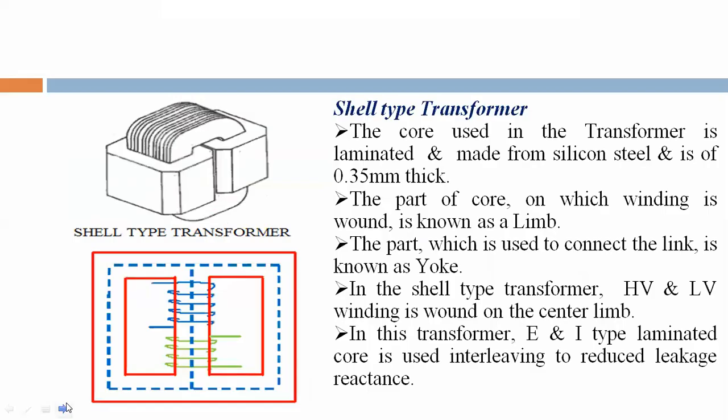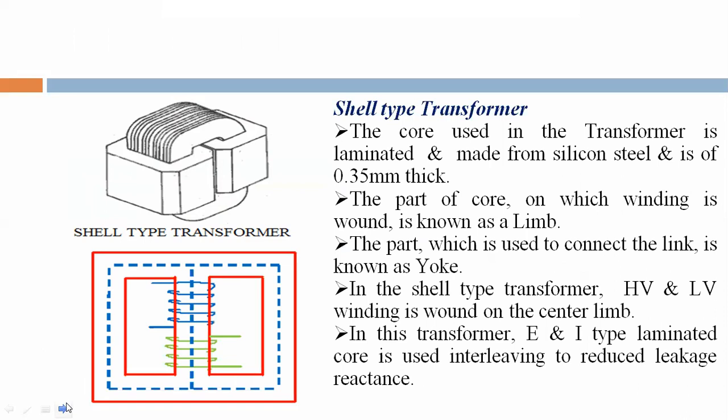In the shell-type transformer, the core used is laminated and made from silicon steel. Also here the core is made of 0.35 mm thick laminations. The part of the core on which winding is wound is known as a limb.